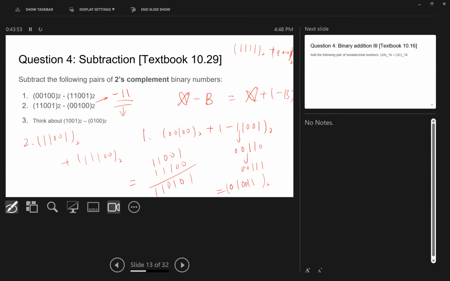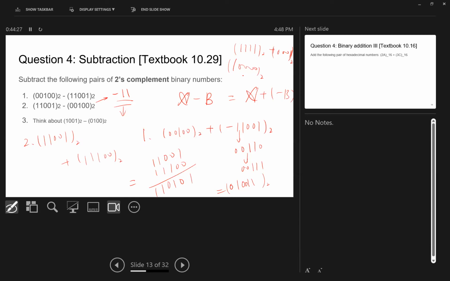It should be 1000, right? And here we will also have an overflow bit, 1 here, right? Is it clear? And actually, this overflow bit should be discussed, actually.